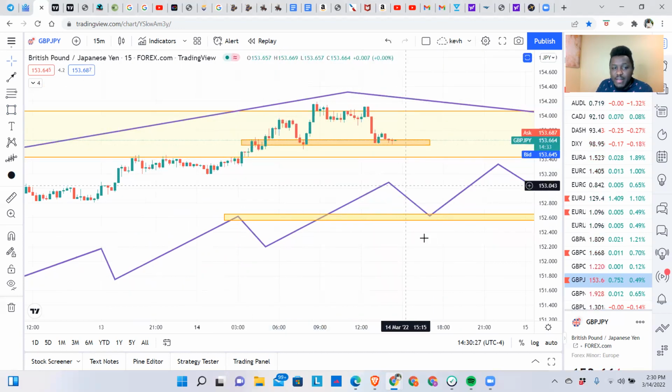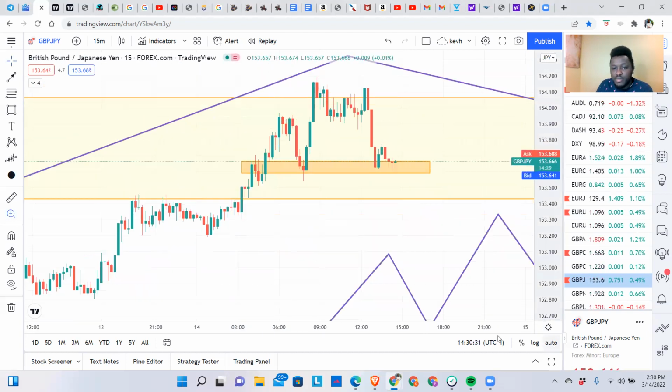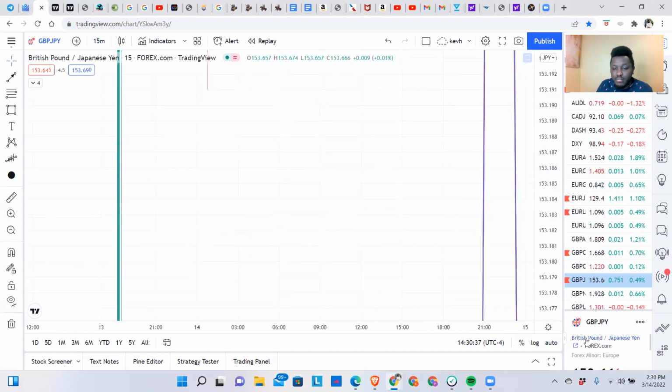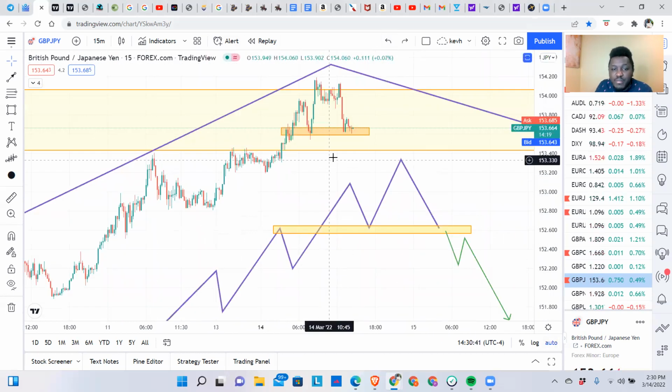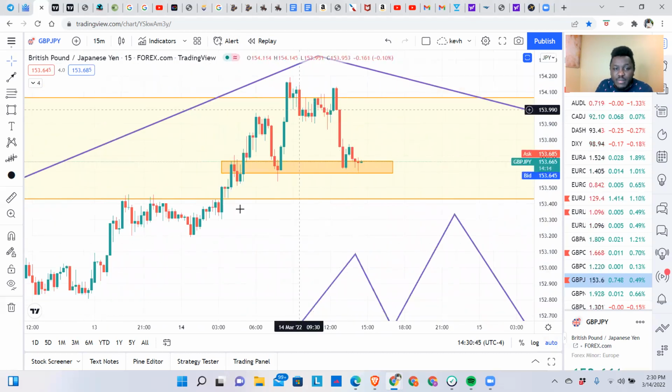So we have this right here. We can already see what's happening. The market pushed up and came back to this zone. So this is a zone of interest.